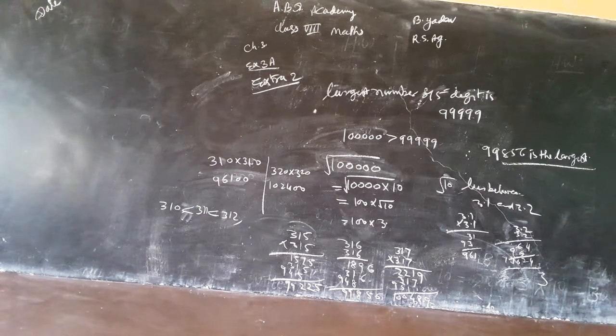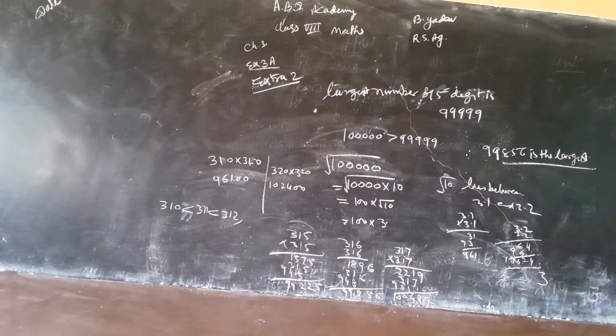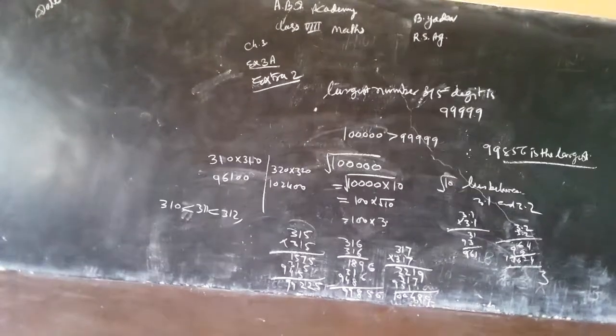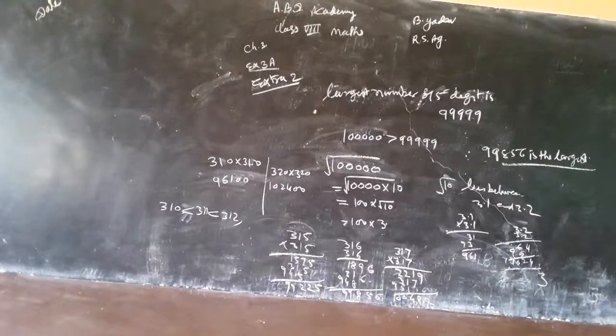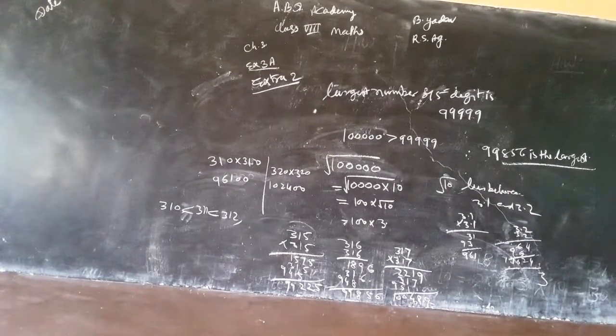Okay. If any difficulty arises, we shall discuss in class, because finding the square root or largest number in case of 5 digits, 7 digits, 3 digits is a bit difficult. I shall deal with it later on.